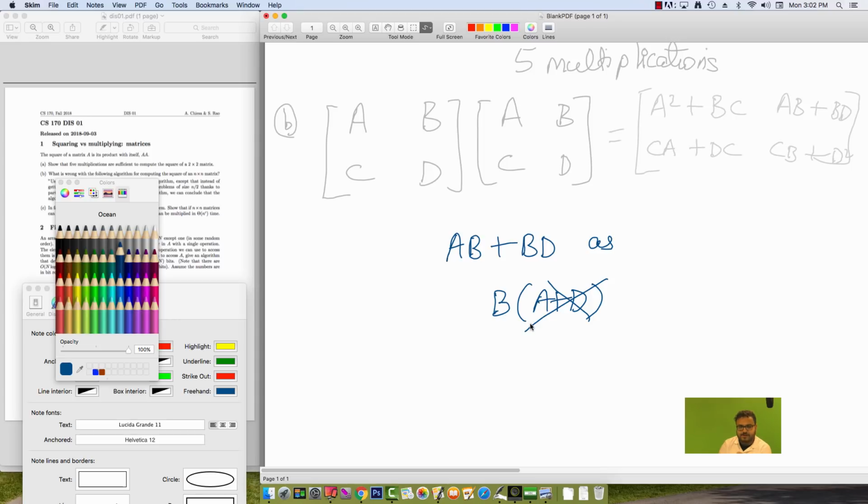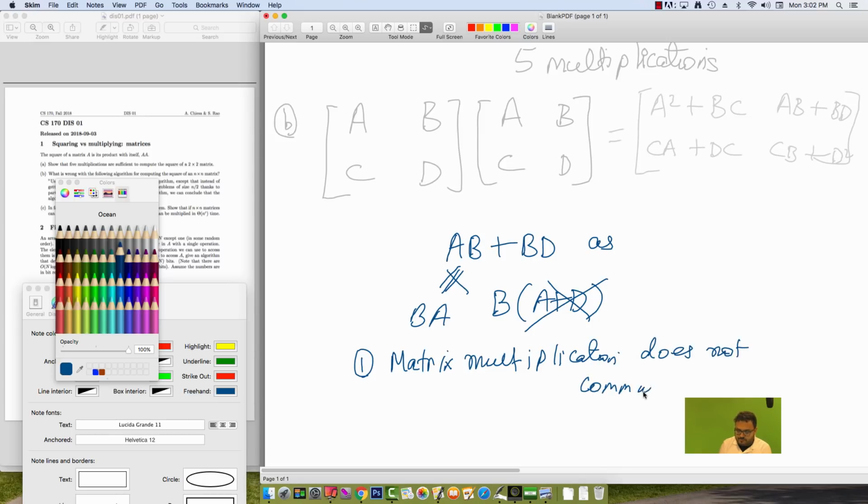For matrices, multiplication does not commute. So AB is not the same as BA. So we cannot just swap AB to BA and then take out B from the left-hand side. This is not allowed. So this is one problem. The first problem is that matrix multiplication does not commute.